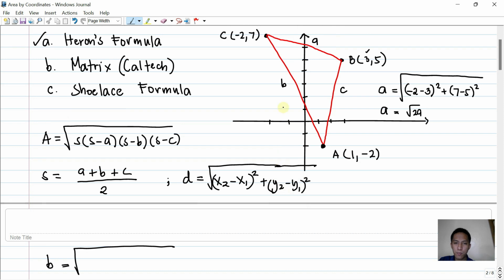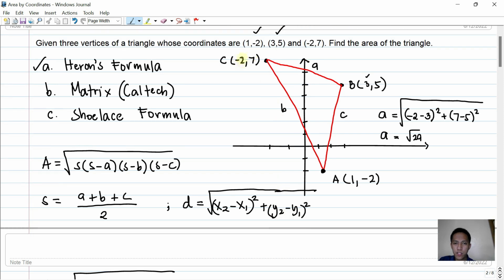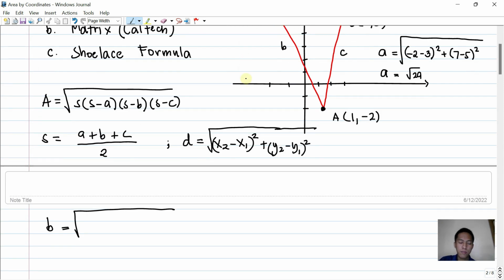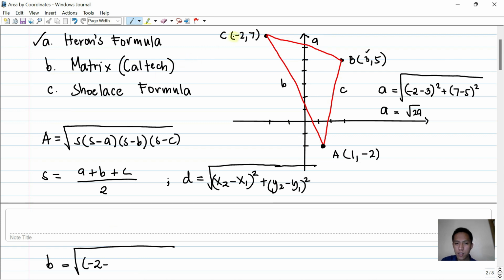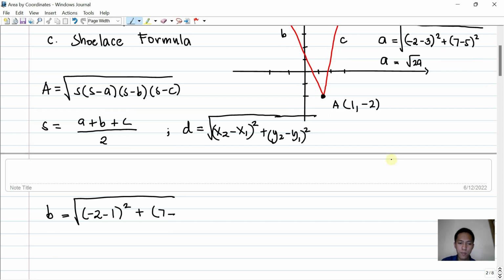So for B, if your x sub 2 is negative 2, that becomes negative 2 minus 1, squared, plus we have here y sub 2, which is 7, minus our y sub 1, that is negative 2. So that is minus negative 2, and that is squared.